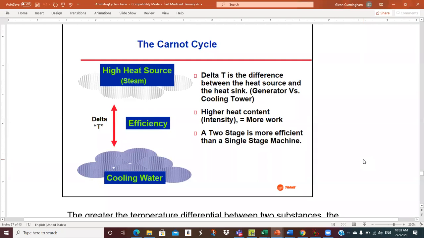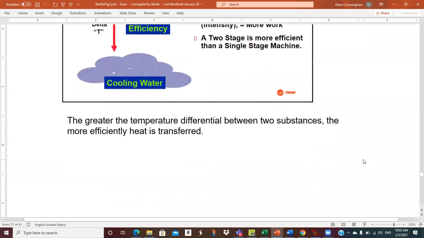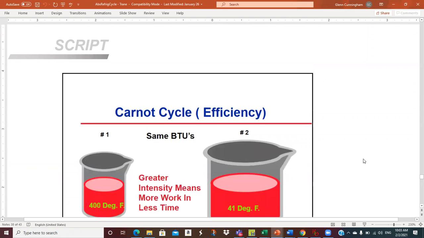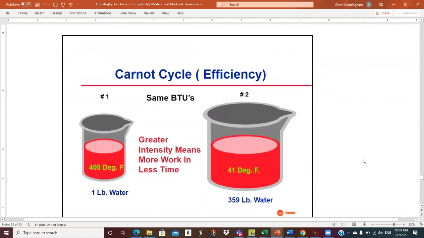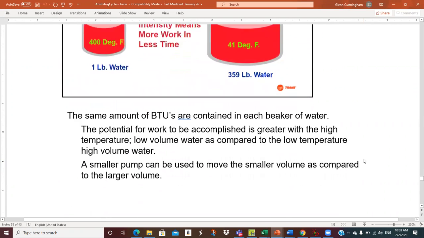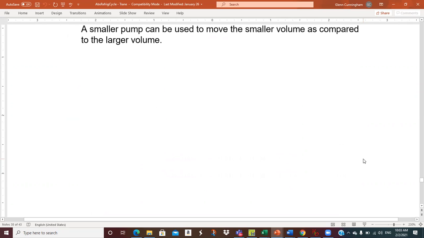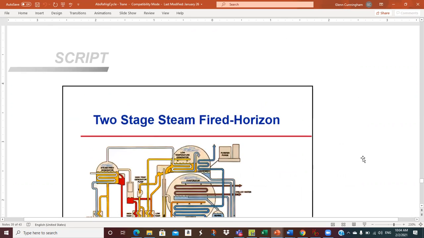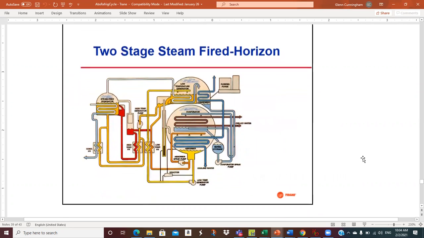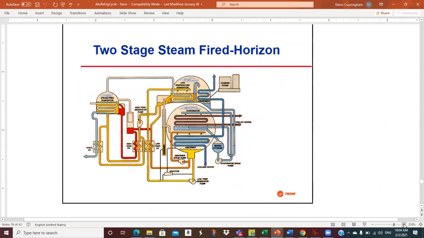And for the heat pump, it's T high divided by T high minus T low. Anyway, and this next slide is just stupid. You can look at that and read it, but I don't care. Most of these slides are pretty good, but this one's not my favorite.